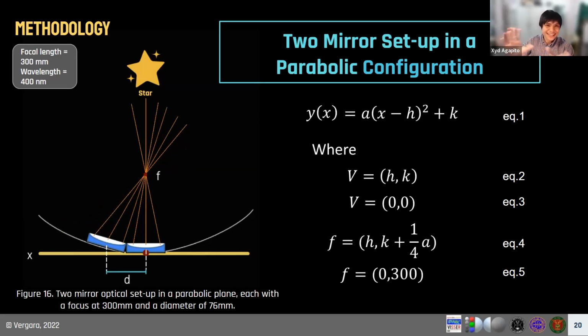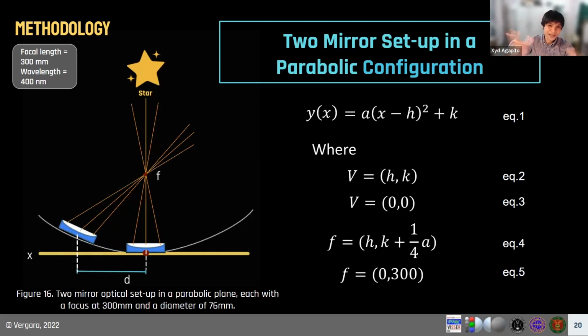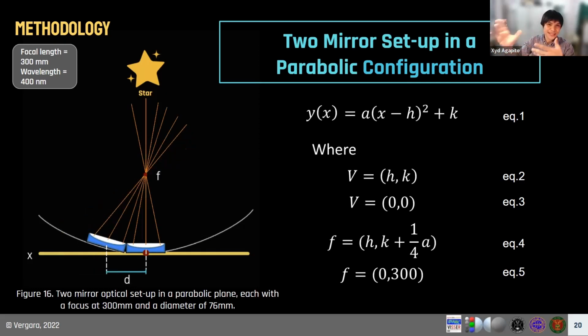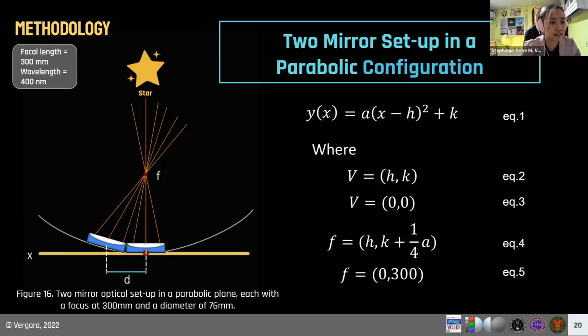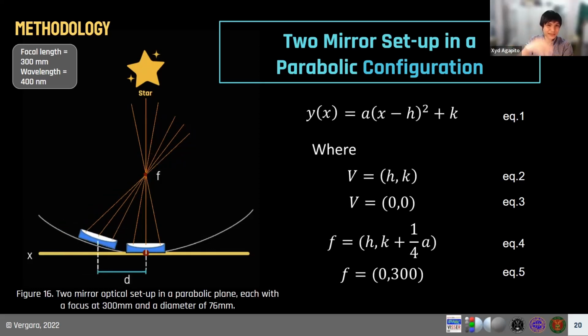Kasi for example, if you're using bigger mirrors, there's going to be a minimum distance between these mirrors because they can't overlap. So will the size of the mirrors be a limiting factor to this configuration?